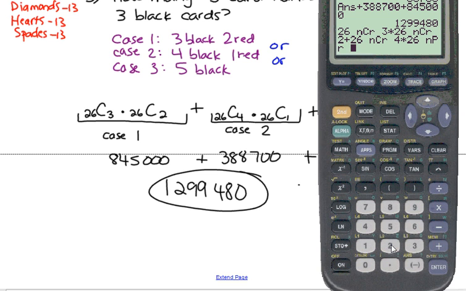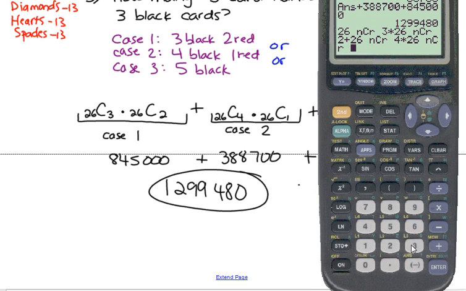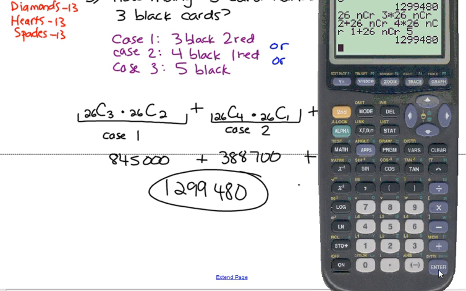Anyways, your homework, you can open up your homework. Okay, so there is a way to type it all in your calculator at once. It's possible. You're just more likely to type something in wrong, but you can if you like.